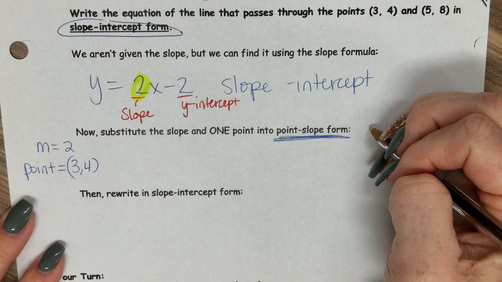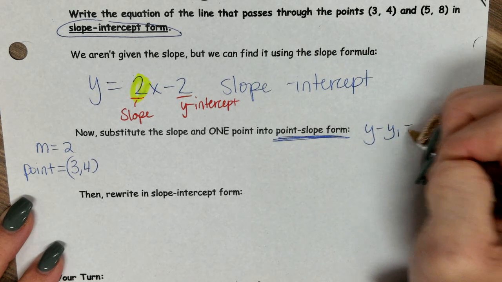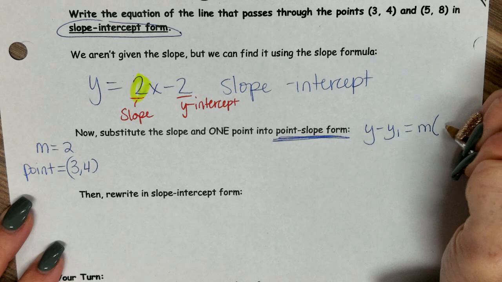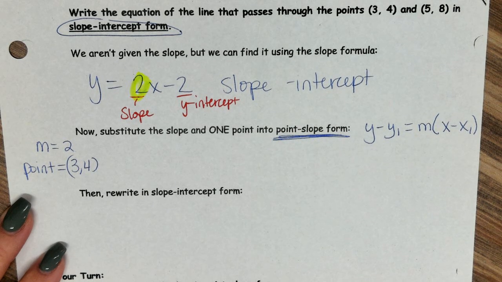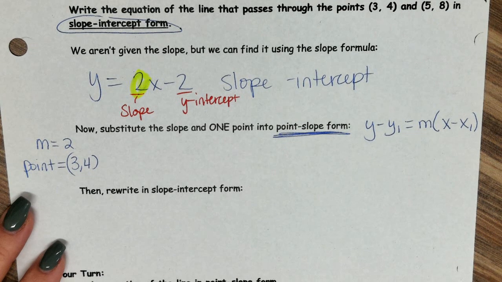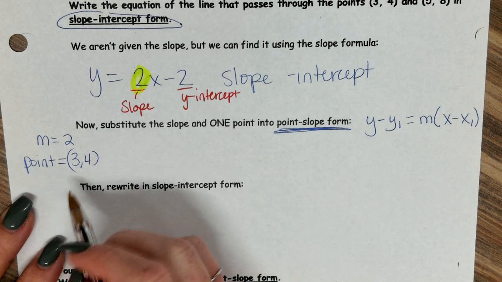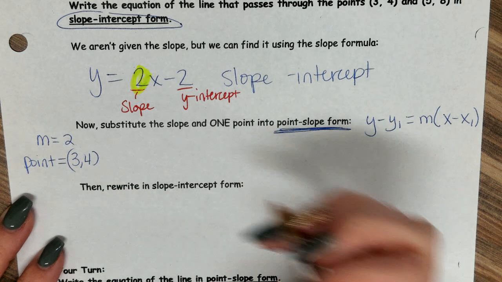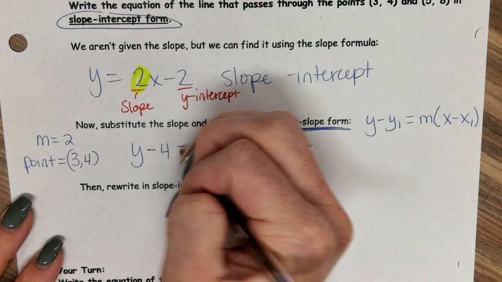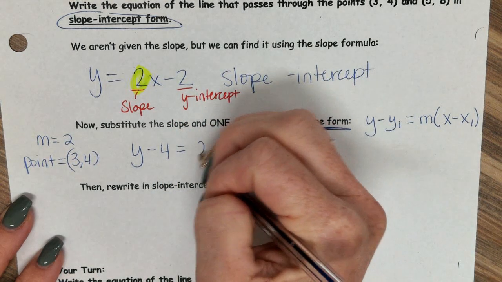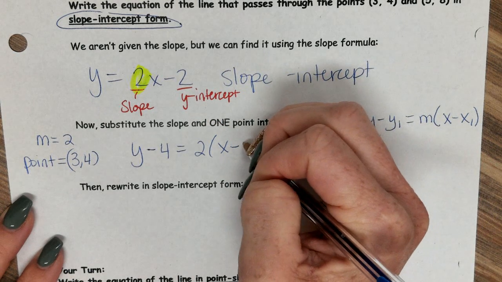Let's write point-slope form right over here: y minus y1 equals m, open parentheses, x minus x1. So all we would do is write these points in. So I've got y minus, what is the y value? Equals the slope, open parentheses, x minus the x value, which is 3.